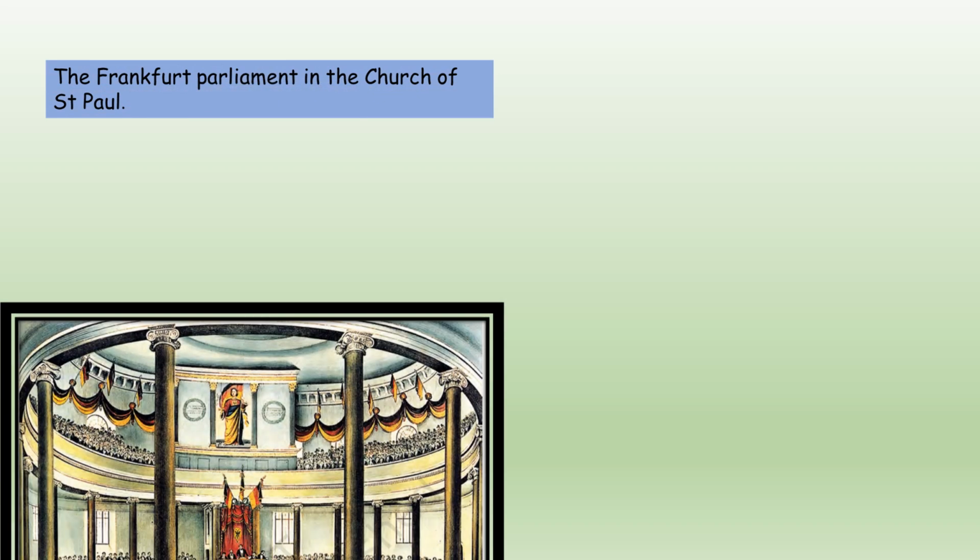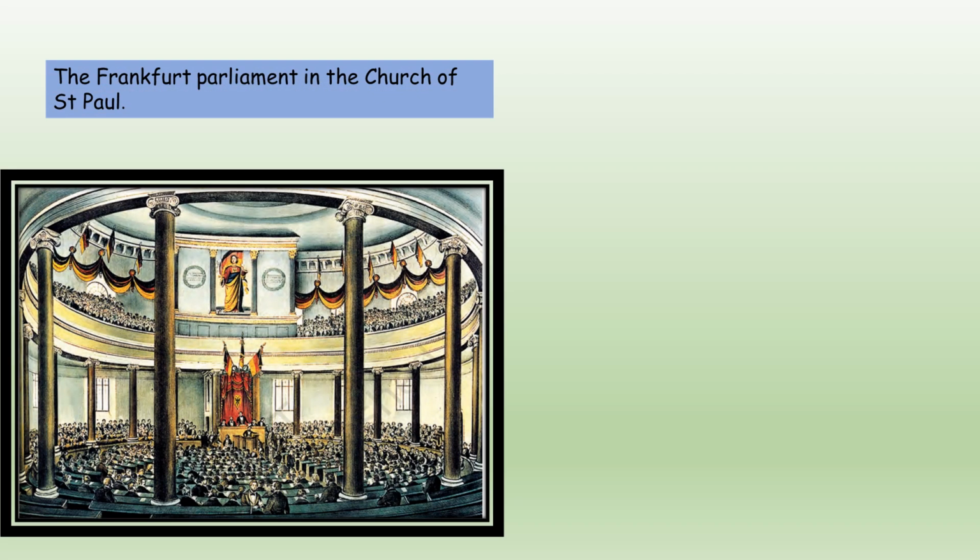Now, let's look at the next picture. This is talking about the Frankfurt Parliament in the Church of St. Paul's. What exactly happened there? Let's have a look. So, we all know that the political associations in Germany during the 19th century had decided to get together in the city of Frankfurt and to vote for the German National Assembly.